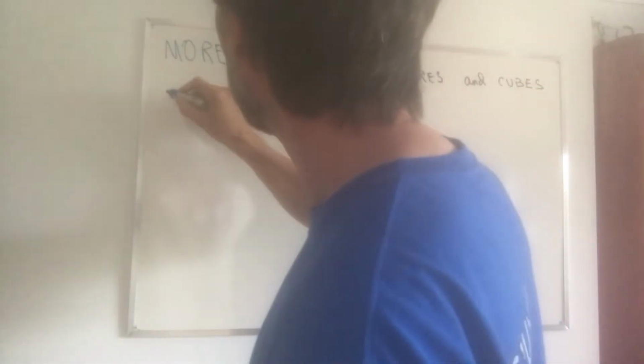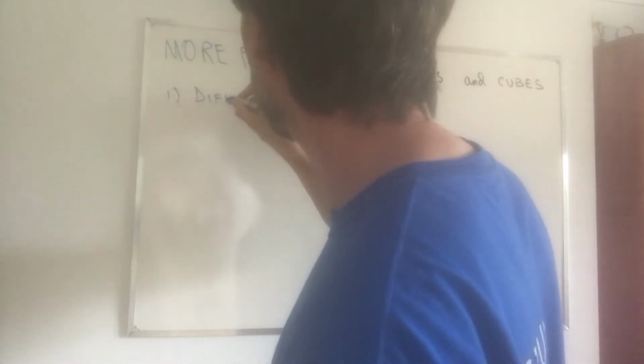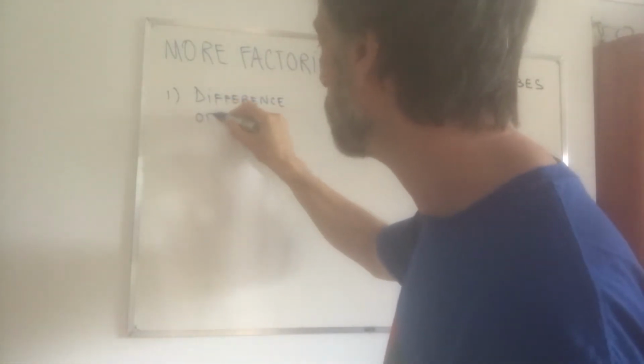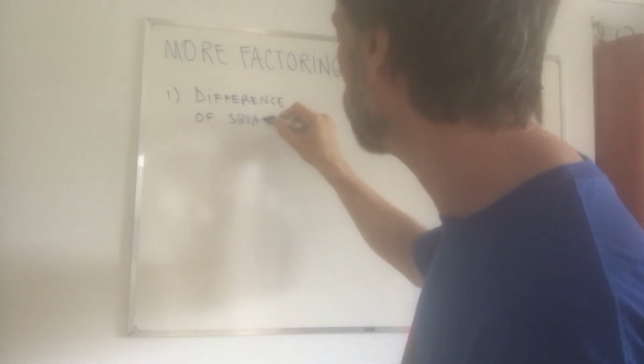So without any further ado, let us explore our first case called difference of squares. This is not a new one. Everybody probably has been exposed to difference of squares in high schools. So what is a difference of squares and what can we do with it?